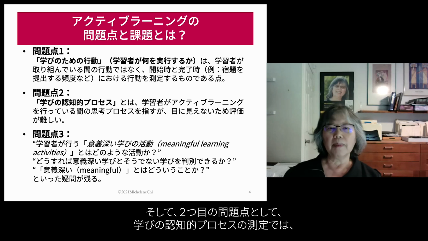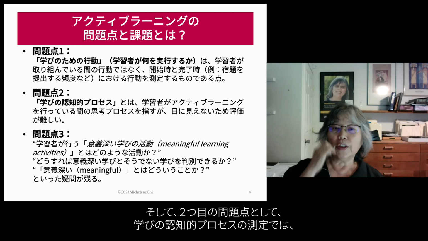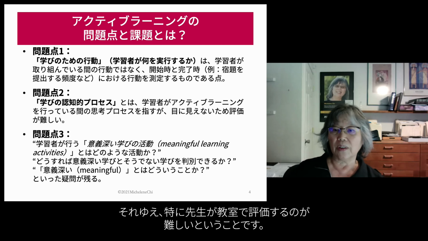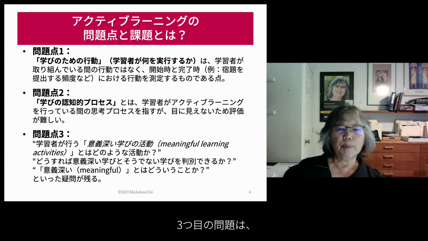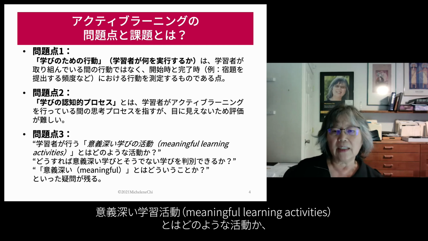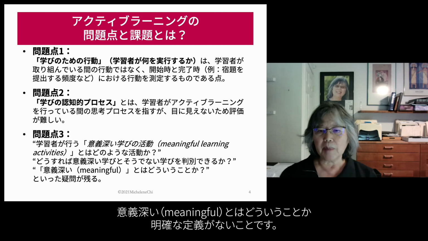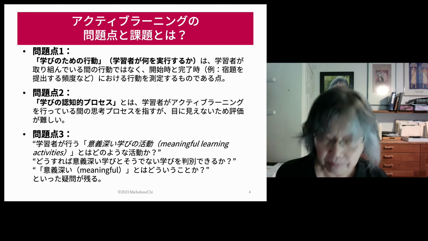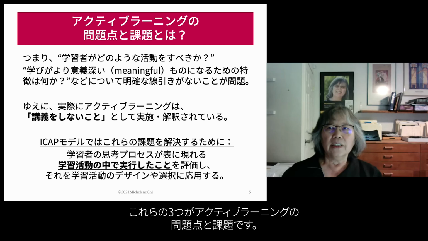The second problem is that cognitive engagement refers to thinking processes while students are doing something, doing active learning, but thinking processes are invisible and difficult to assess, especially by teachers in a classroom. The third problem is, which activities are meaningful learning activities that students should be doing? How do we know an activity is meaningful? There's no definition of what meaningful activities mean. So those are the basic three problems.